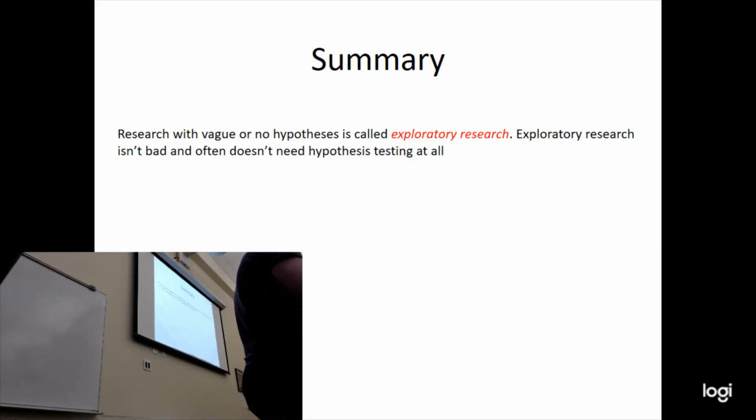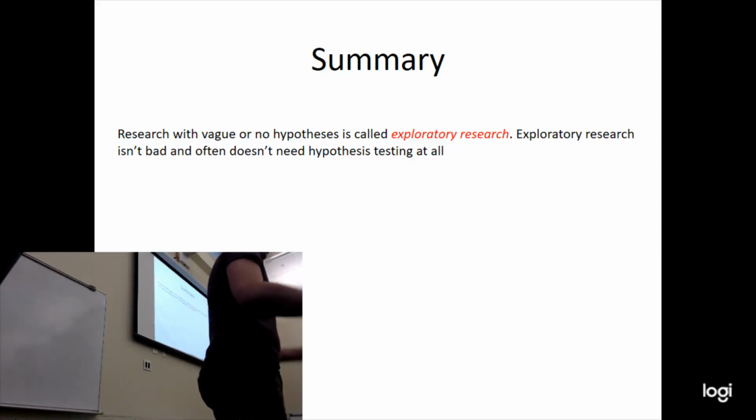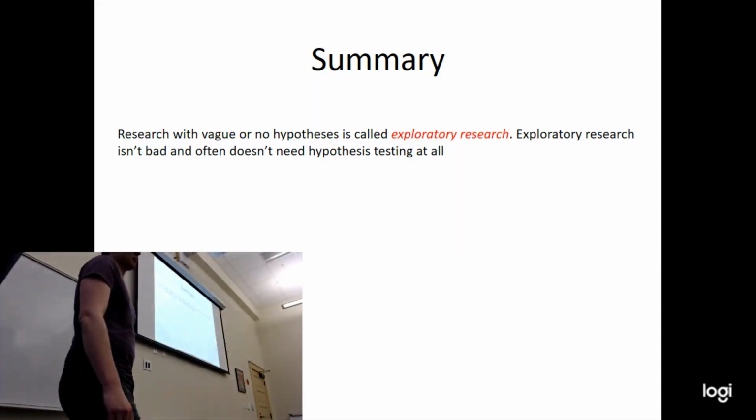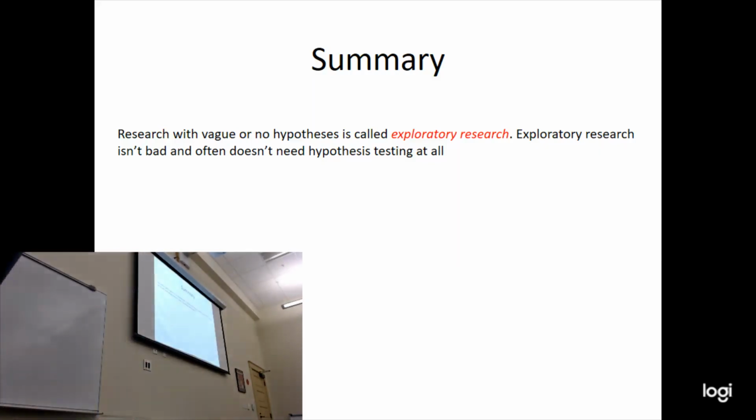If you're in psychology, for example, or any sort of social science, I think most of our research actually is exploratory in some way. But if you are doing exploratory research, that's when you might need to think about families of hypotheses that could support or families of tests that could support your main hypothesis.